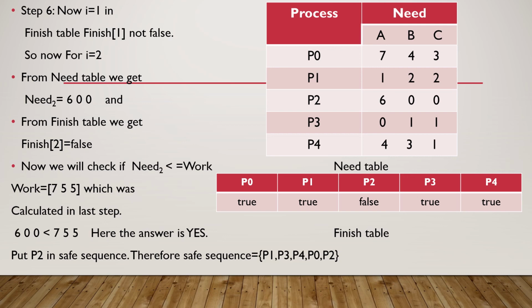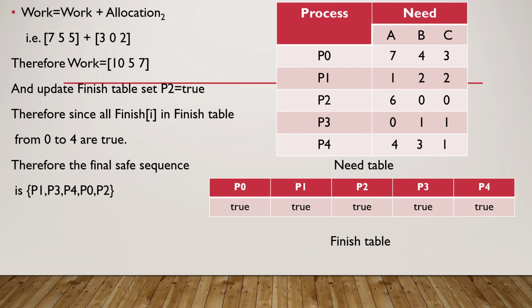So the safe sequence will be P1, P3, P4, P0 and P2. P2 has executed and we will take the allocation and add that to the work. So the allocation to P2 was 302, add that to 755.